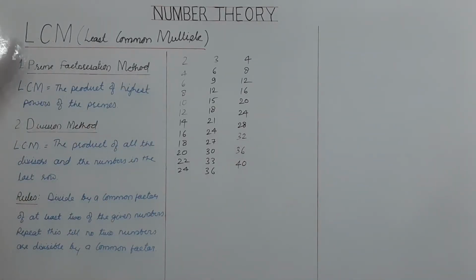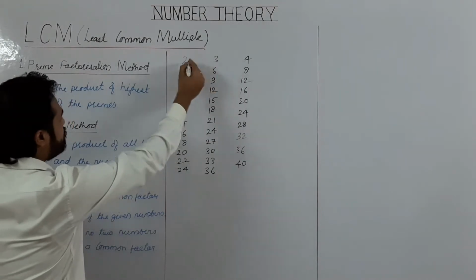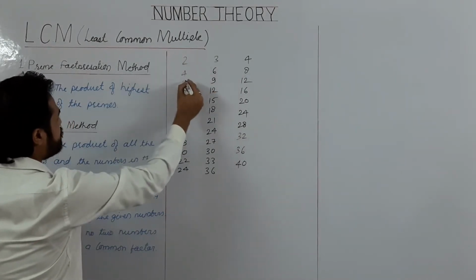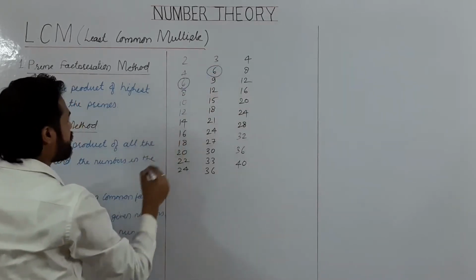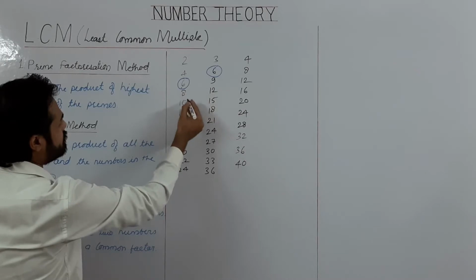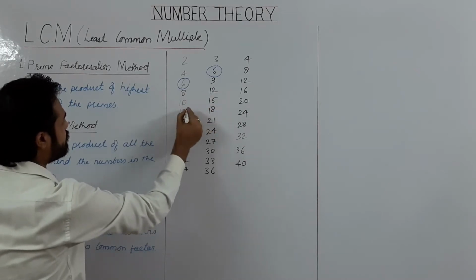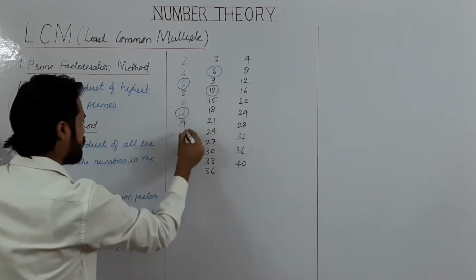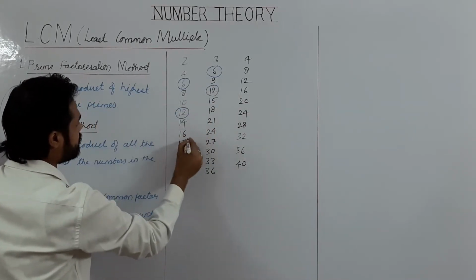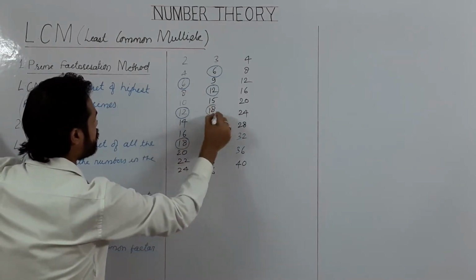Now LCM, least common multiple, for 2 and 3. Common multiples of 2 and 3 means 6. 6 is a common multiple. Then after 6, 8, no. 10, no. 12, 12 is a common multiple. Then 14, no. 18, yes. 18 again is a common multiple.